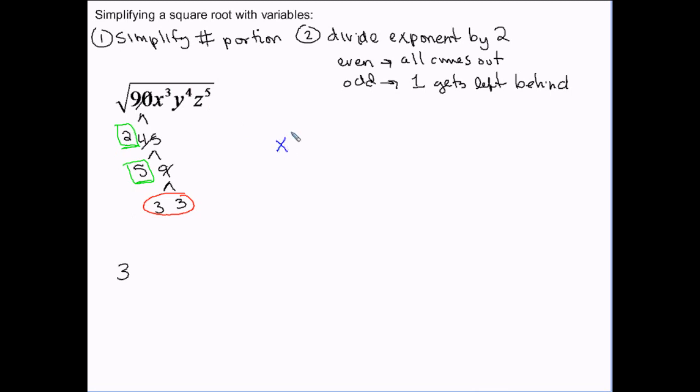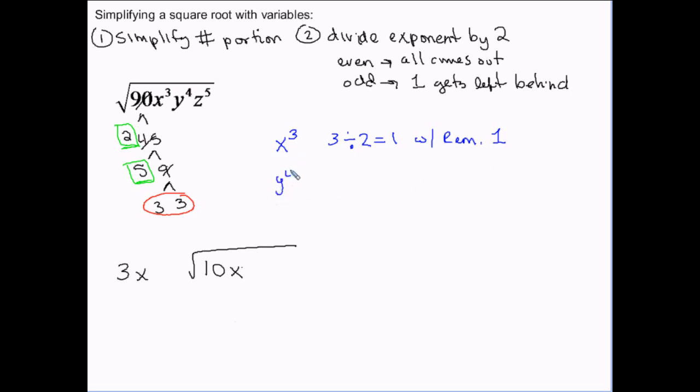X to the third, 3 divided by 2 is 1, with a remainder of 1. So 1x comes out, and 1 gets left behind. So what happens now is I'm going to take these 2 and leave them inside. 1x comes out, 1 gets left behind.